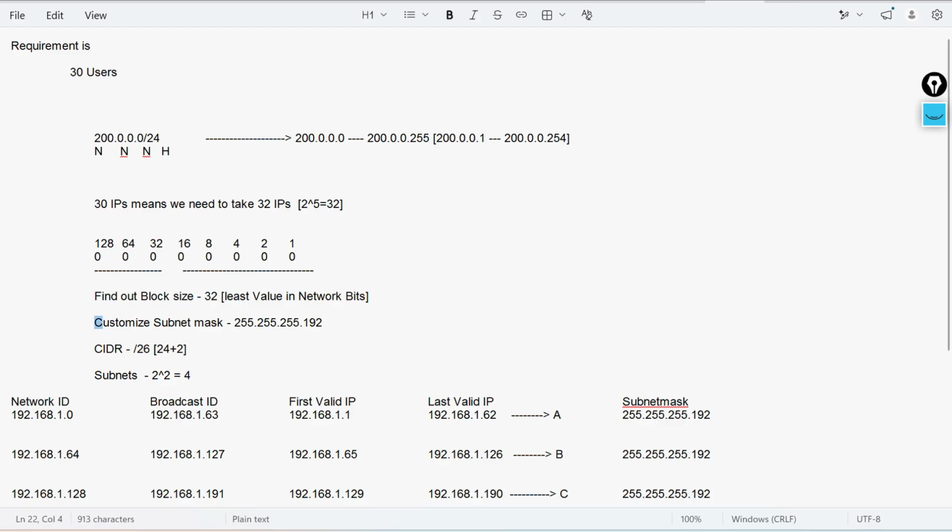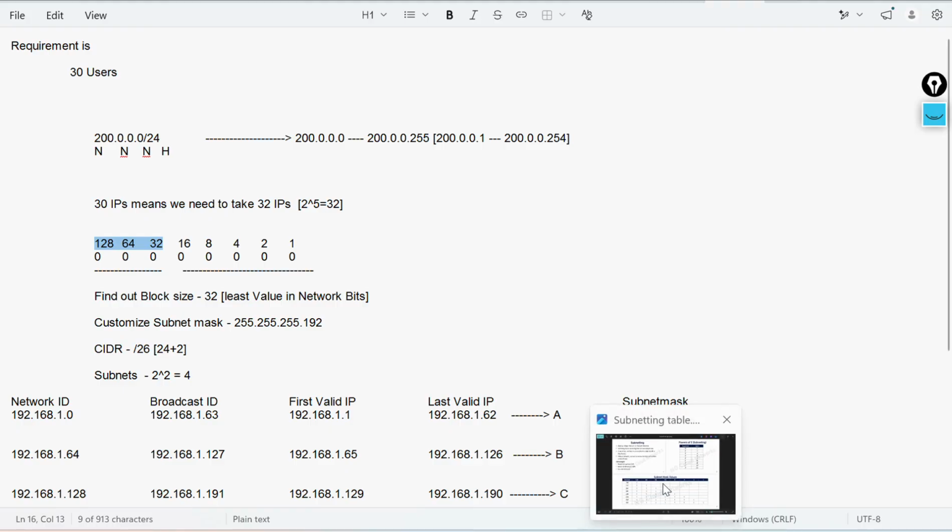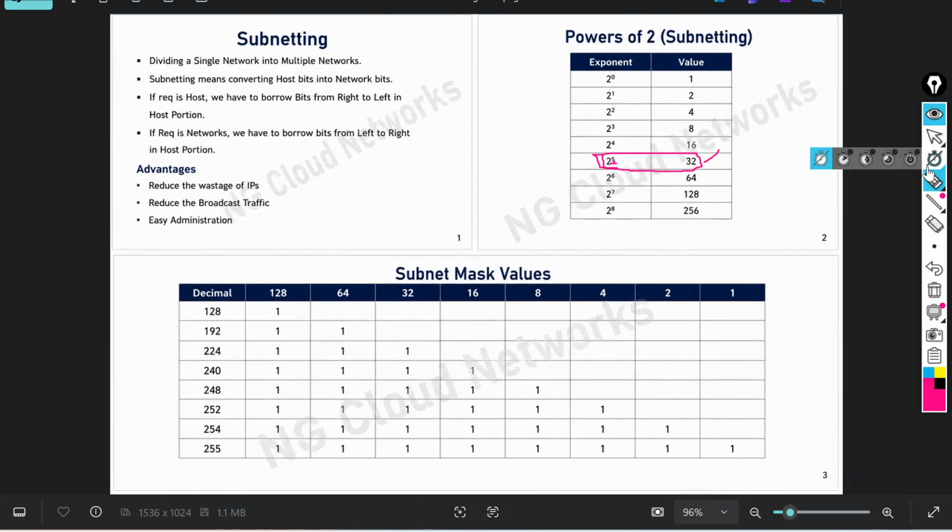Next, customize the subnet mask. How many network bits are there? 128, 64, 32, right? These 3. If you add these 3, here in the second table, if we have 3 network bits, the value of the subnet mask is 224. If we have 4 network bits, the value is 240.